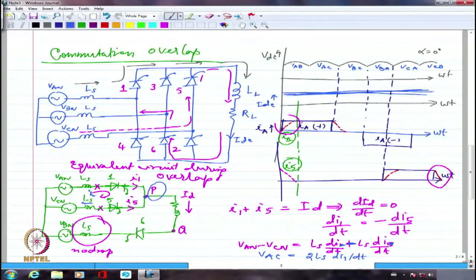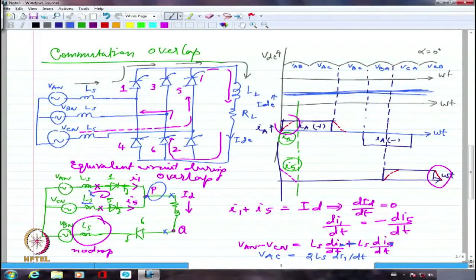So let us try to find out what is the voltage that will come up across the load during the overlap interval. It is not going to be just VAB or just VCB. It is going to be something else. What is that something else? I have to check, because I don't know what is the voltage at point P.